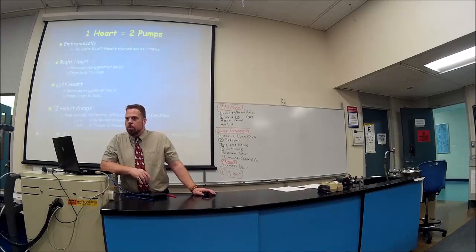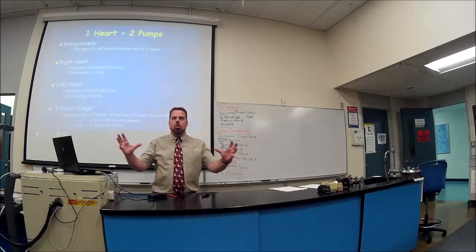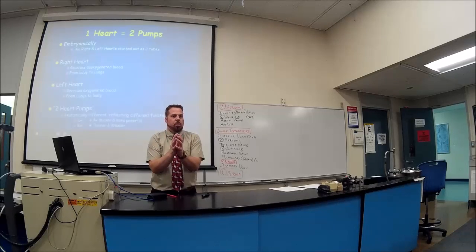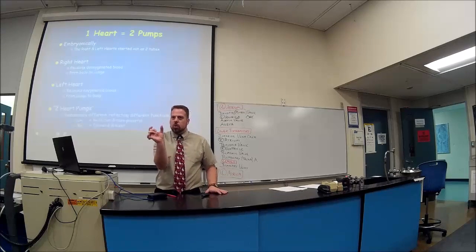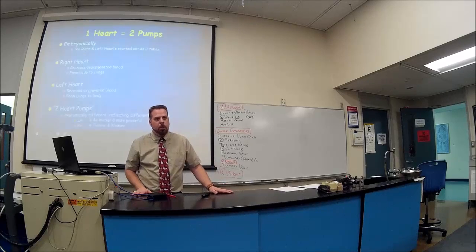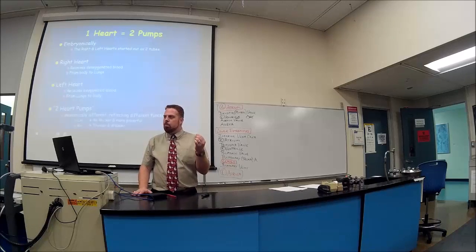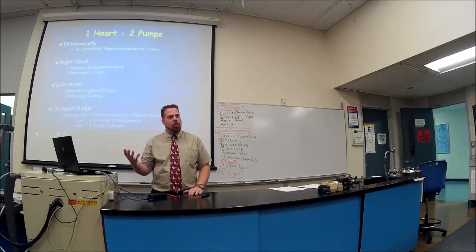When the left heart pumps its blood, the left ventricle, where does it send it to? All over the body. So it's got to give a nice, huge muscular contraction. So we expect that the muscle there is going to be thick. The right ventricle is going to pump its blood where? To the lungs. And how far are the lungs from the heart? Very close. So it's right there. So the right ventricular wall is going to be much thinner than the left ventricular wall.